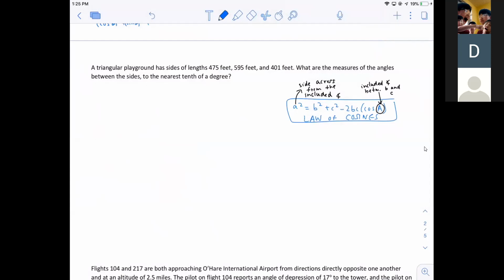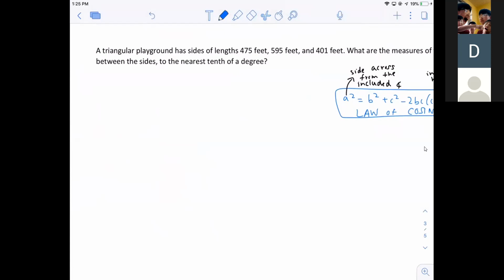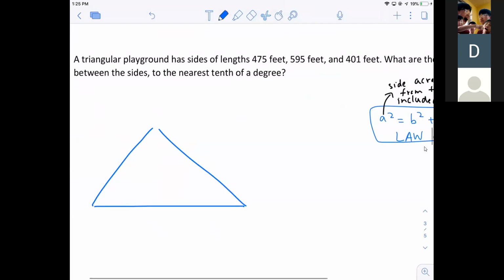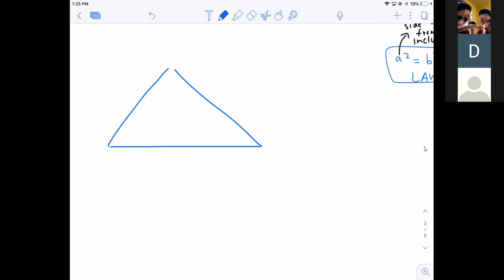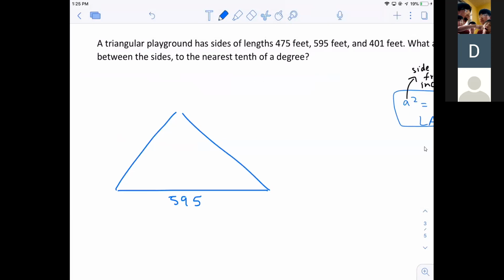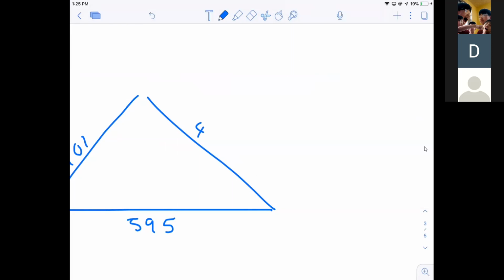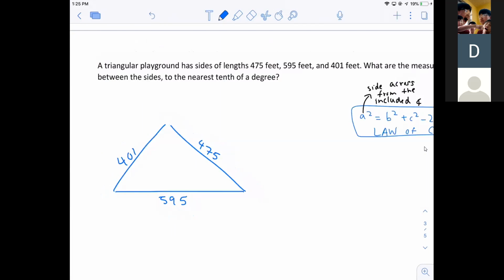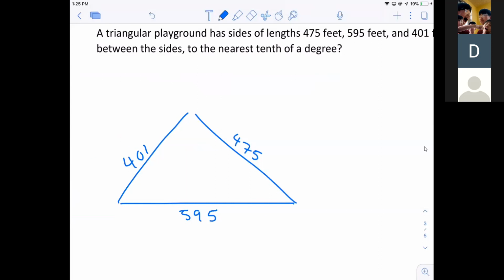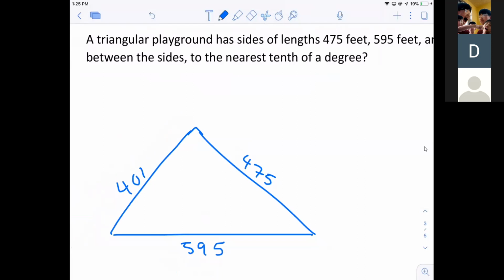So with just the lengths, we can find all of the angle measures using trig. So I'm going to draw out a triangle playground. Maybe something that looks, I don't know, like this. The longest side was 595, so I'll start with that. Which one looks longer? This one looks like it could be 401. This looks like it could be 475. All right, so we got a playground with these lengths. And it asks us to find all of the angles.